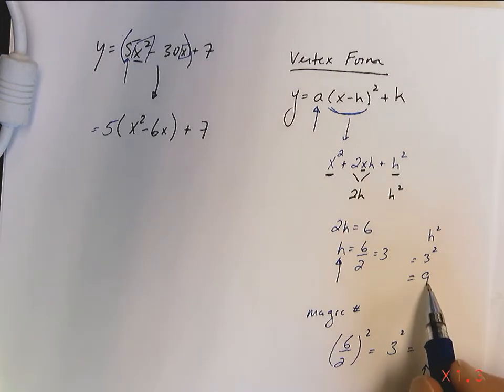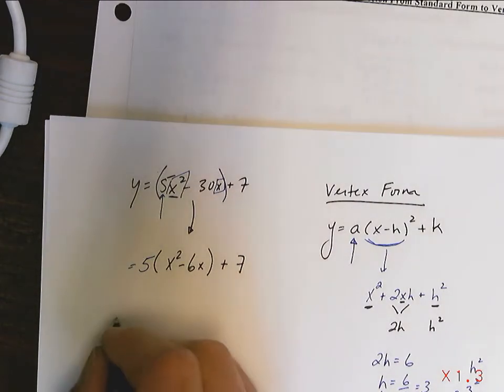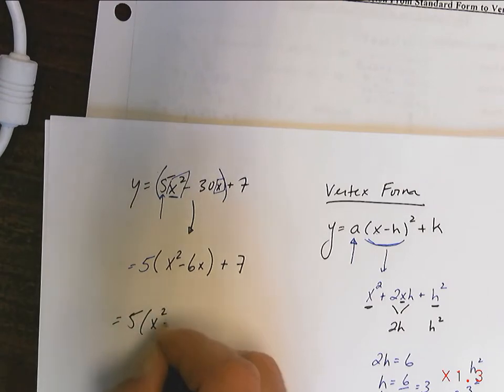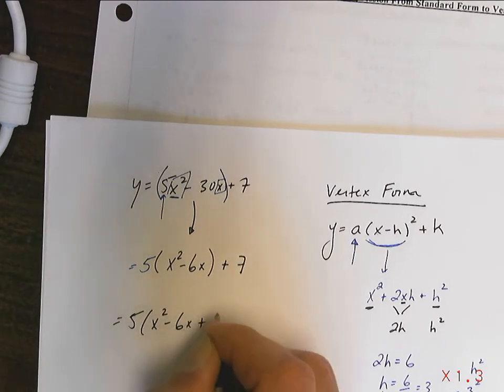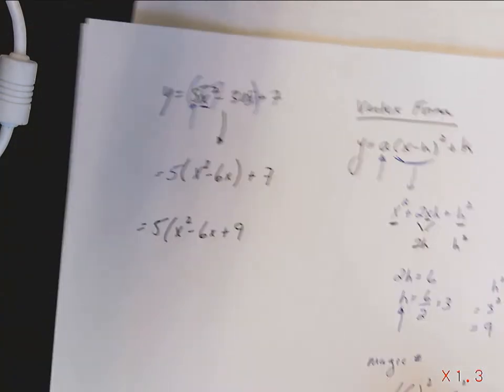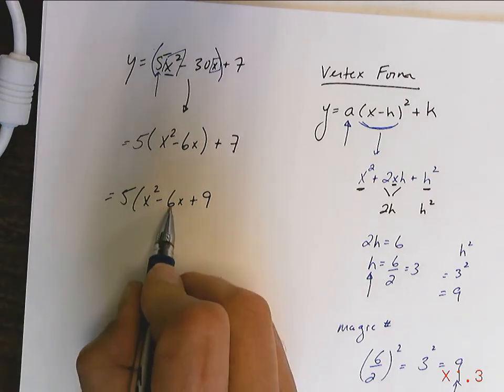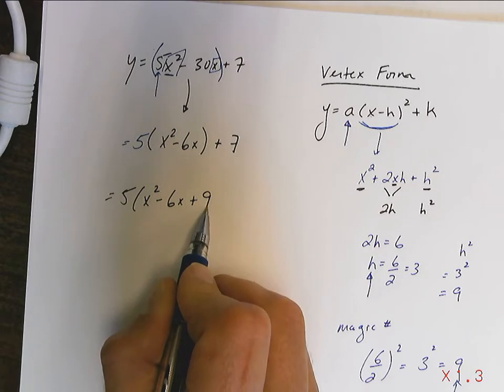That's the value that if I put in here, now watch what's going to happen. We've got the 5. We've got x squared minus 6x plus 9. If I put that magic number in here, take a look at what I've got. I now have x squared, 2 times h times x, h is 3, h squared.